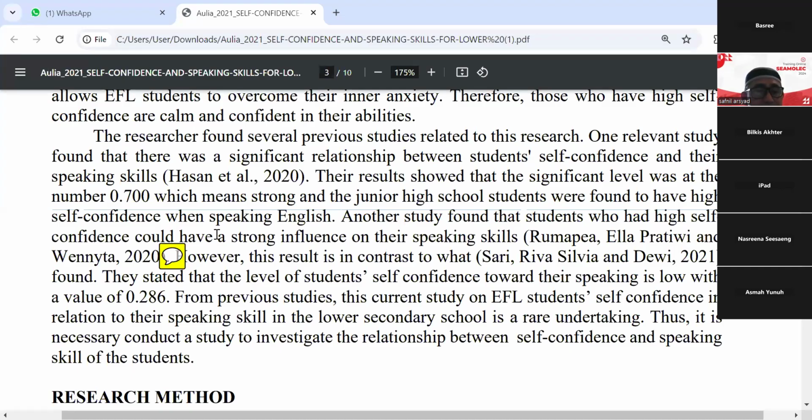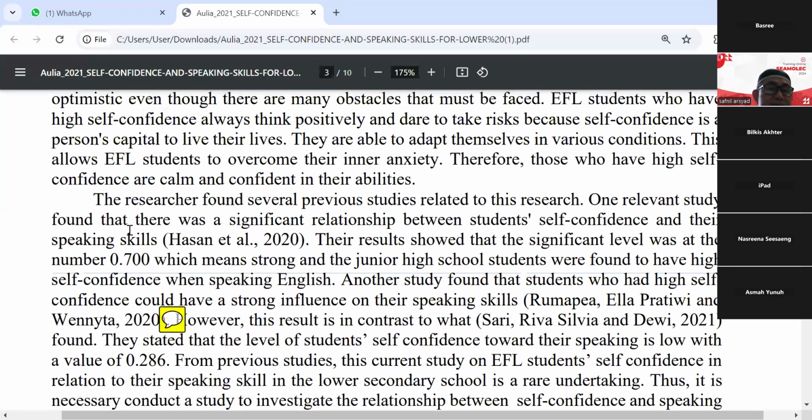For example, if you write an article to be published in international journals, you have to review research articles from Indonesia, Malaysia, maybe Thailand, the Philippines, Korea, Japan. So it is international. If it is not international, it is not suitable for an international journal. So your references must be international.